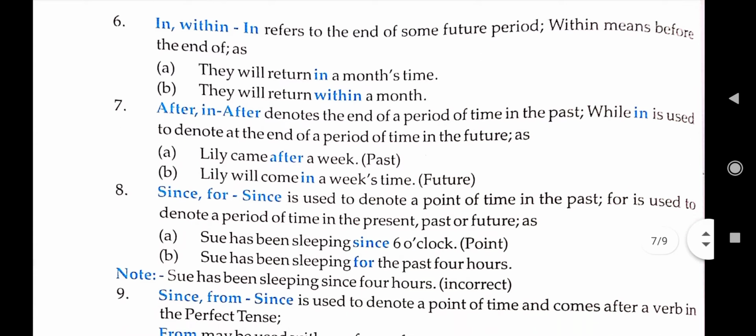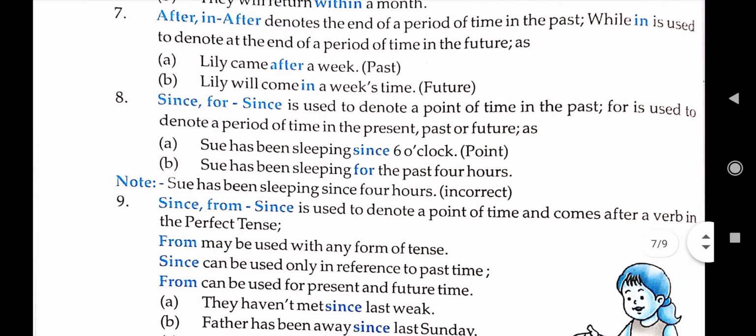Now these two are different sentences and they have quite a different meaning if you understand. After, in. So what are the differences? After denotes the end of a period of time in the past, while in is used to denote the end of a period of time in the future.